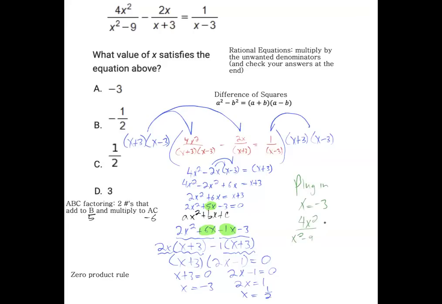We don't have to plug it in everywhere. We just have to realize that right here, we would have negative 3 plus 3. And so if we were to plug in x equals negative 3, we would end up with a 0 in the denominator. And that's not allowed.